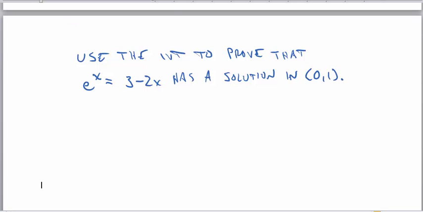Now you might look at this question and say, how the heck does this have to do with the intermediate value theorem? The intermediate value theorem deals with a function, and this is not a function, this is just an equation.